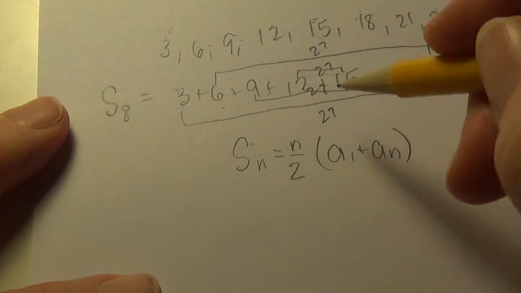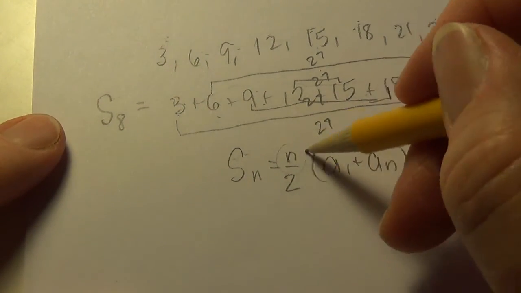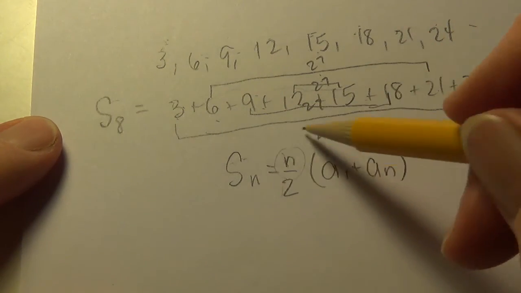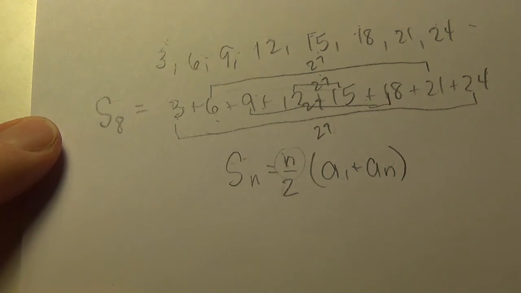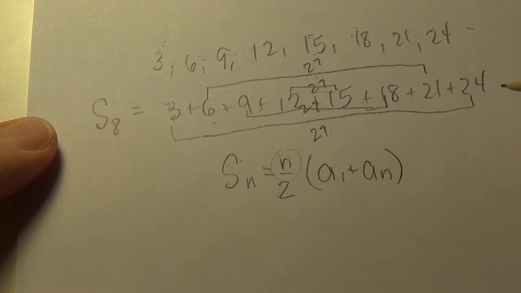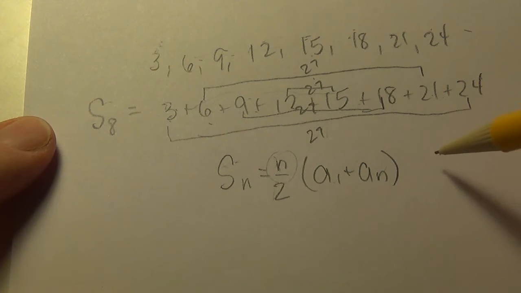So I would like to see if that works when n is odd, because n over 2 came out to be 4, and we used 4 times 27 to get the total sum, which ended up to be, what's 27 times 4? 108. 27 times 4.